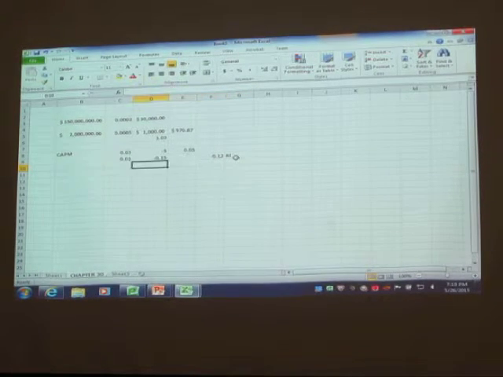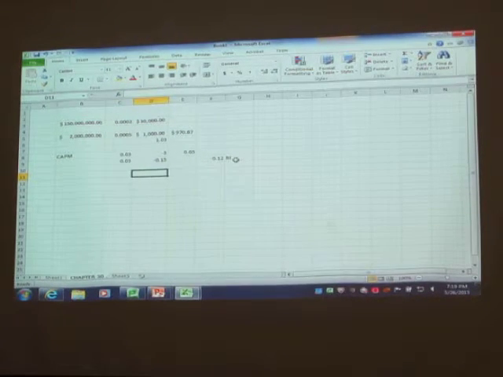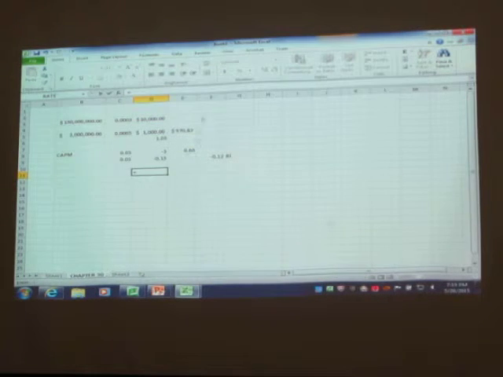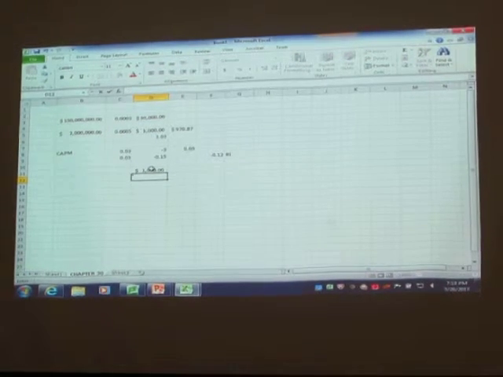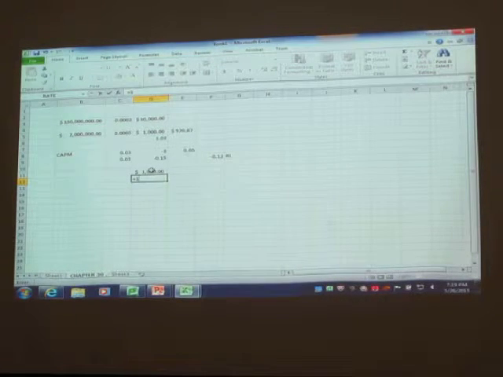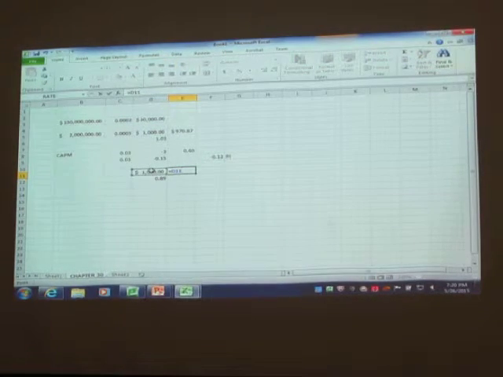So I take the $1,000 from above, this calculation, divided by 1 minus 0.11.